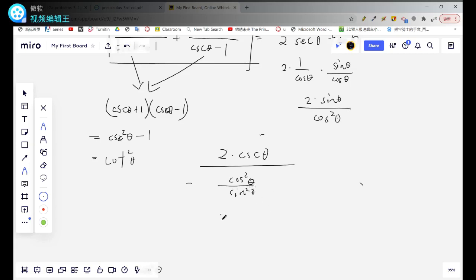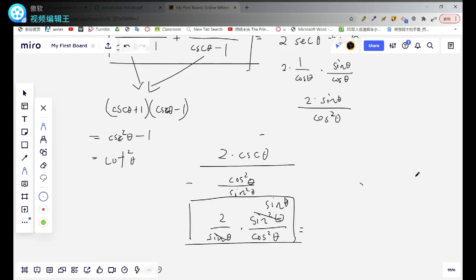This is basically just 2 over sine theta times sine squared theta over cosine squared theta. You cancel this out, you get sine theta, and this is how our proof is finished.